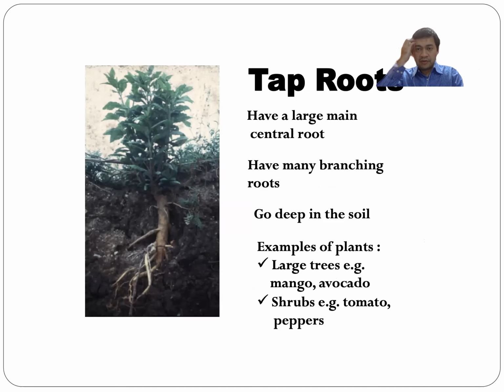Examples of taproots are large trees like mango and avocado, while other examples are shrubs like tomato and also peppers.